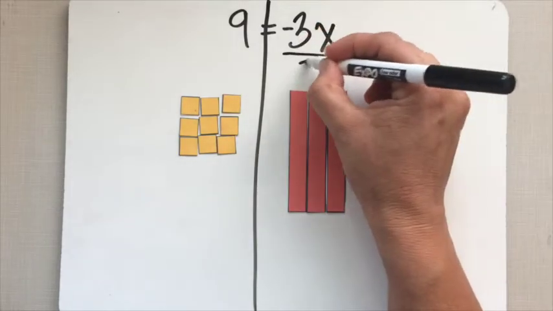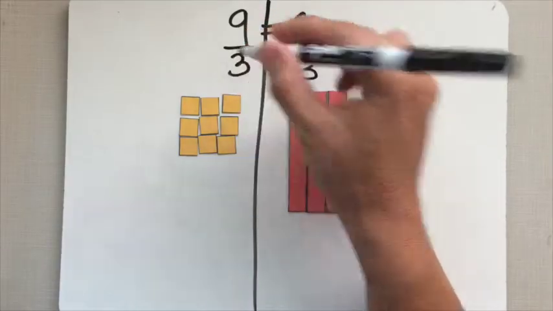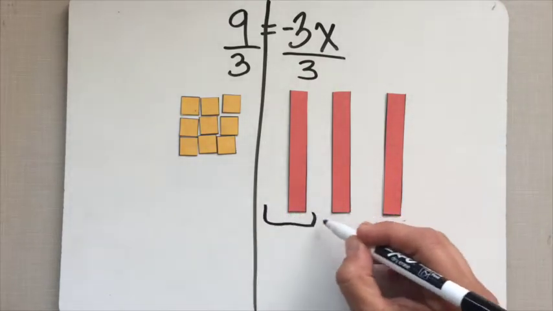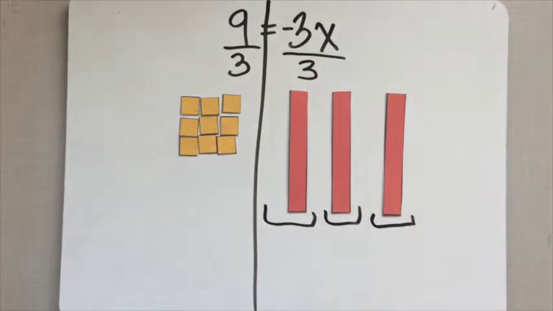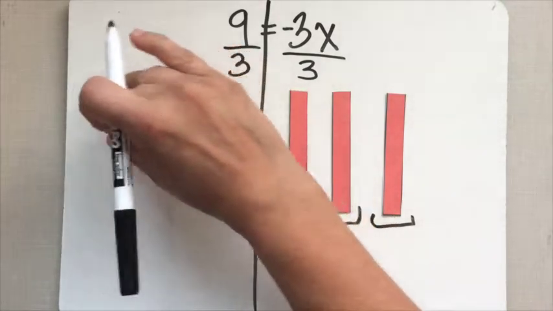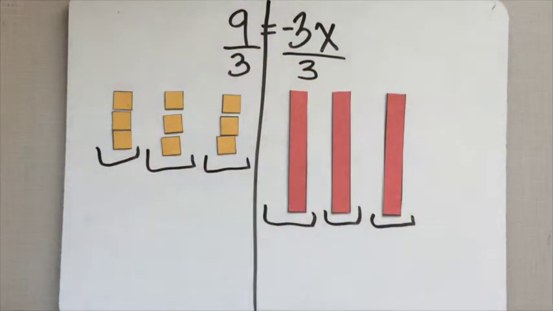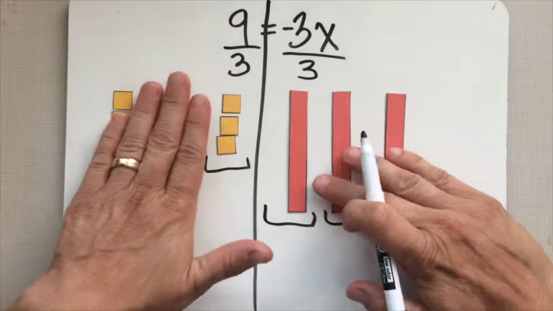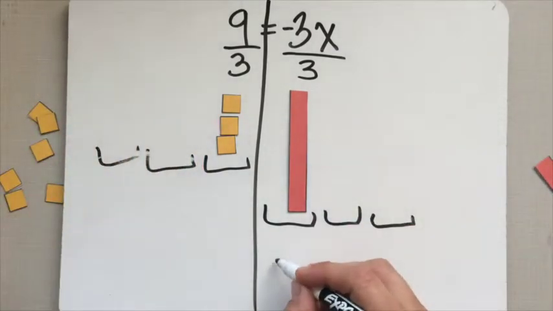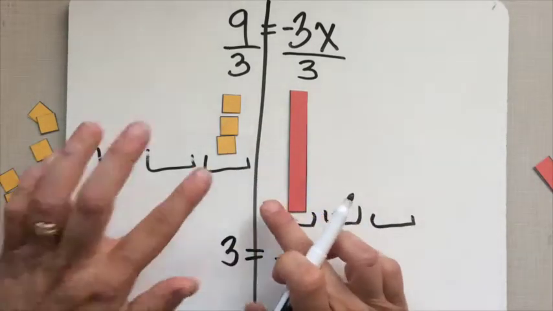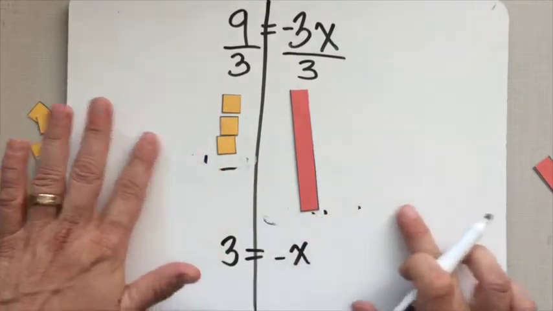So I'm going to divide both sides by 3, right? So then I can split what I have into 3 groups. And I can split what I have on the other side into 3 groups, doing exactly the same thing to both sides. And I can see that in each group, on this side, I have 1 negative x, and on this side, I have 3 positive ones, right?